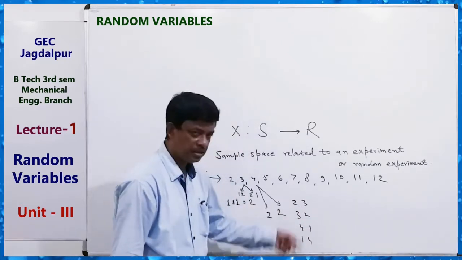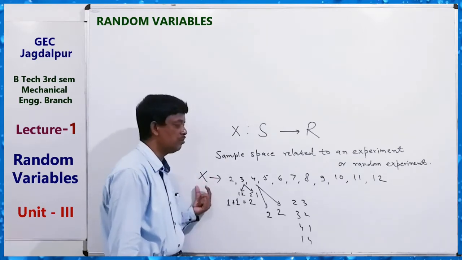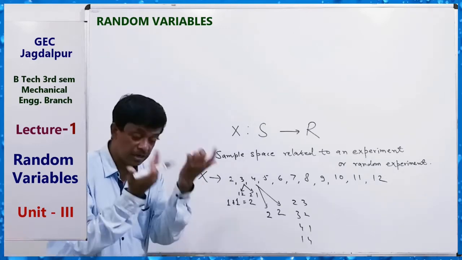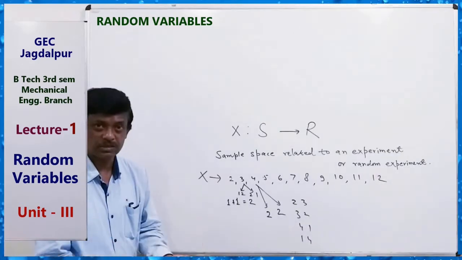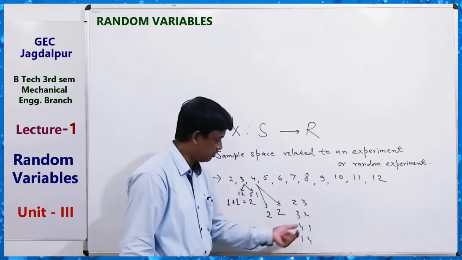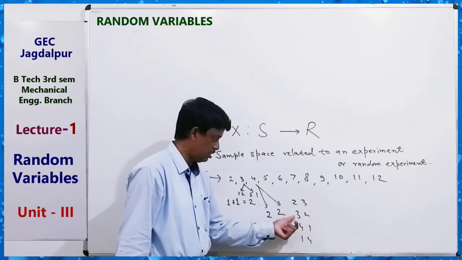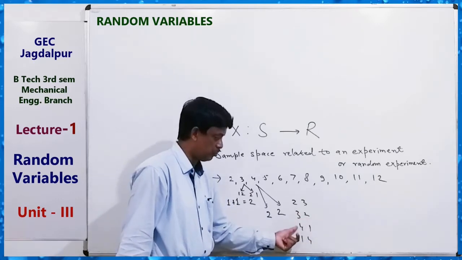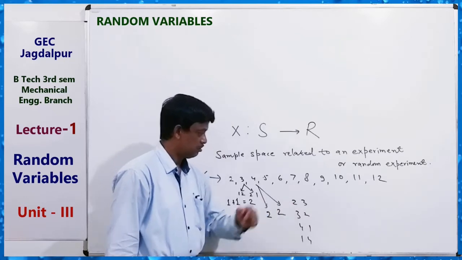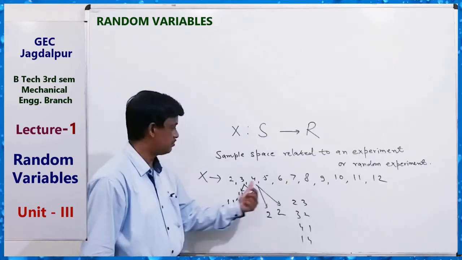These are the possible outcomes, but the random variable takes its value because it is defined as the sum of numbers on the 2 faces of the dice. So first shows 2 and second shows 3, first shows 3 and second shows 2, first shows 4 and second shows 1, and also 1 and 4. In these 4 outcomes, the random variable takes the value 5.